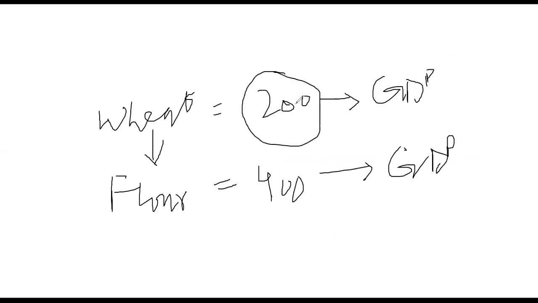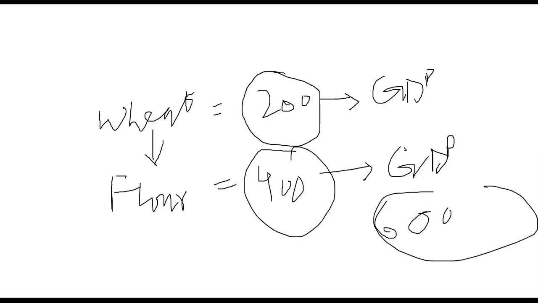Then if we calculate 200 and 400, the GDP becomes 600, whereas it is not 600. Why is it not 600? Because in this 400, this 200 is included. If we add this 200 and this 400 again, it would be multiple counting.